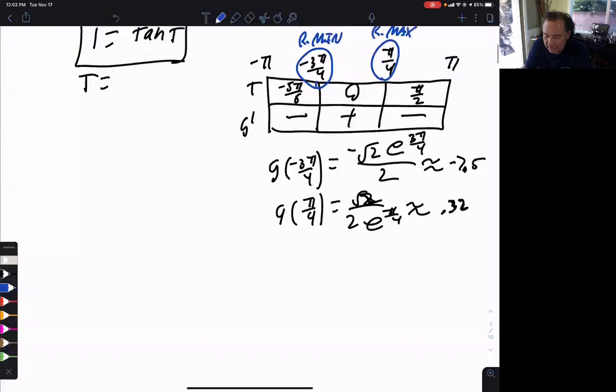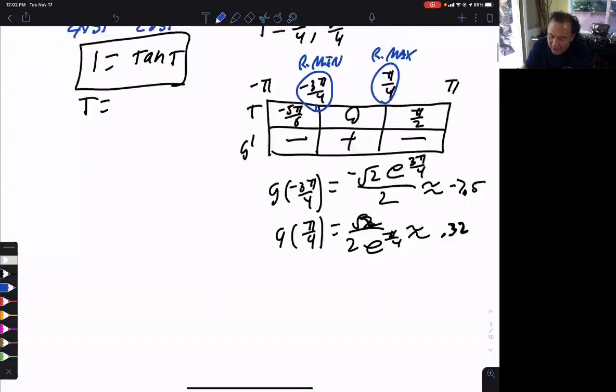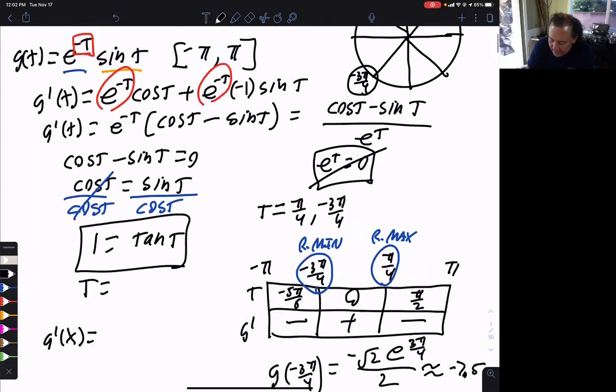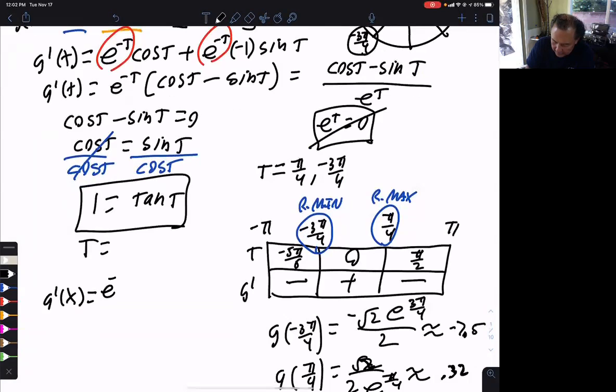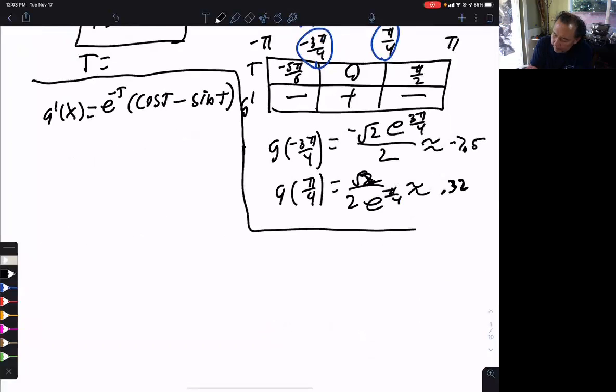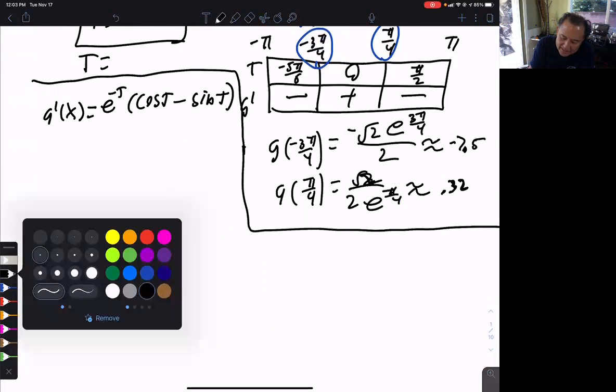We need the concavity. So we're going to look at the second derivative now. So g prime, as a reminder, is this. There's a lot going on in this problem, a lot. So let's find the second derivative.